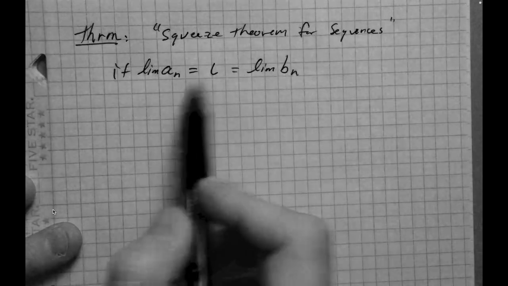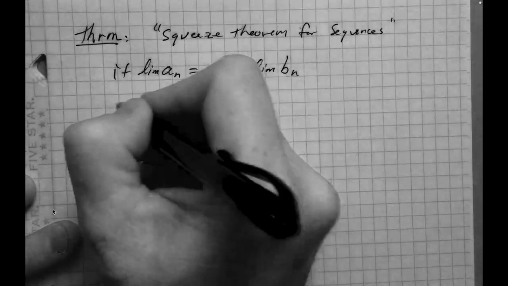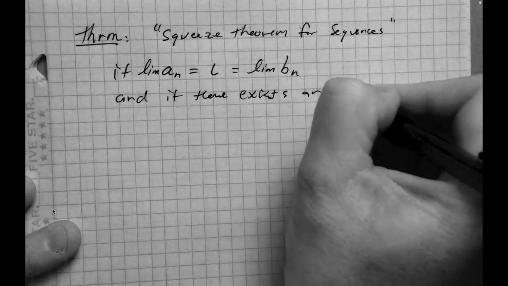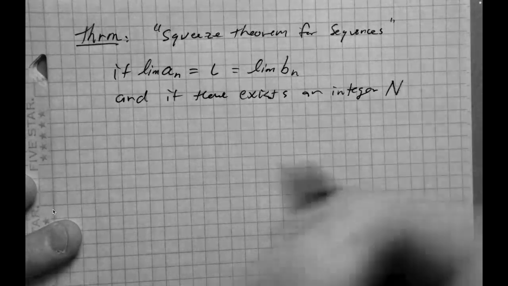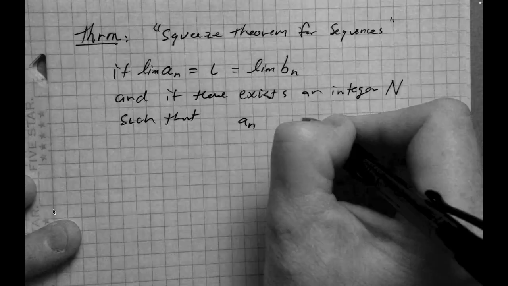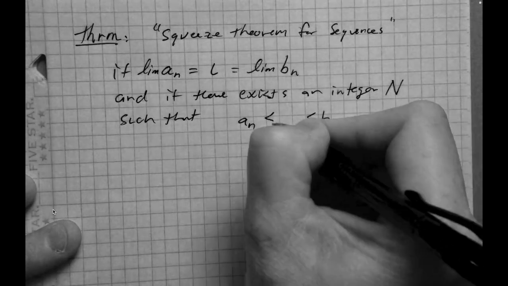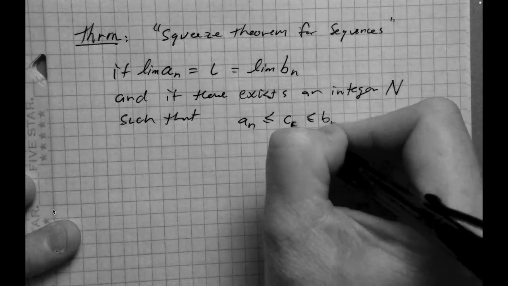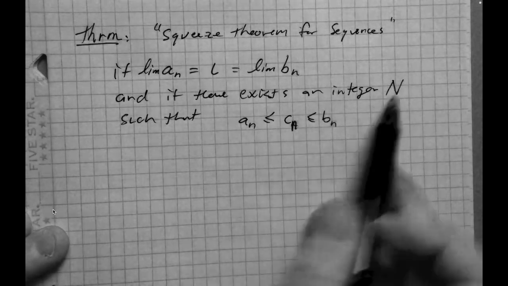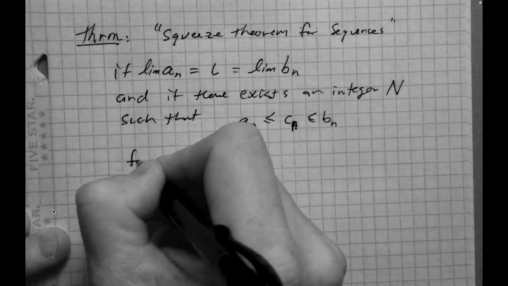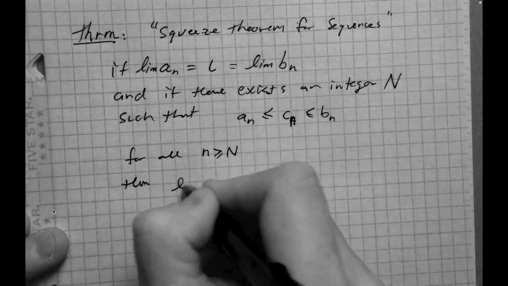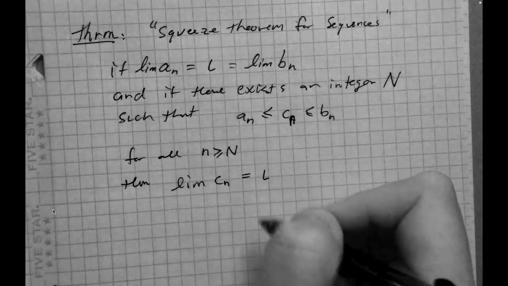So if you have these two sequences, a of n and b of n, and they both have the same limit L, and if there exists an integer n such that a of n and b of n are bounds on the value of some other sequence terms, c of n, and this is true for all n greater than that integer, then the limit of c of n is equal to L as well.